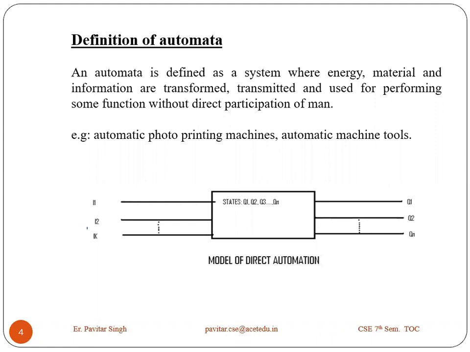Here you can take any example. You are using an automatic photo printing machine, electric ovens at your home, washing machines, right? All these examples are listed under the category of automata.